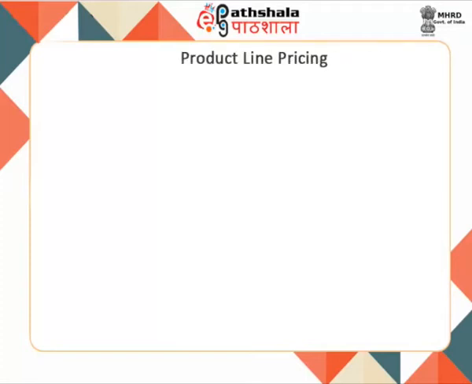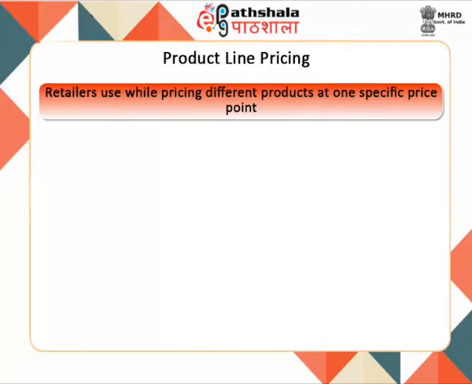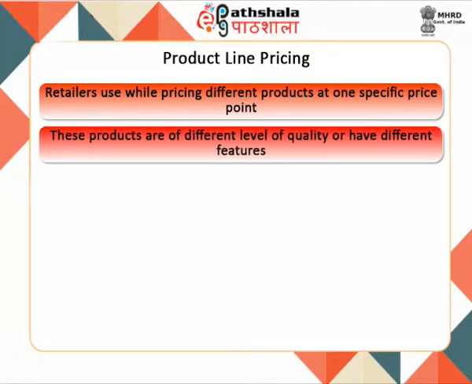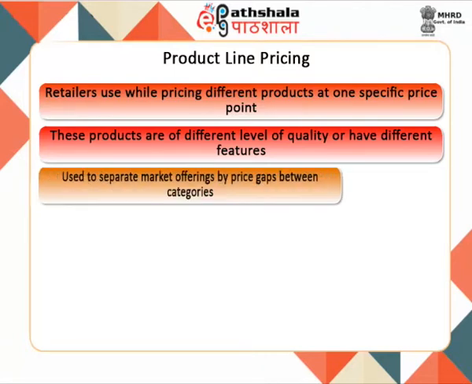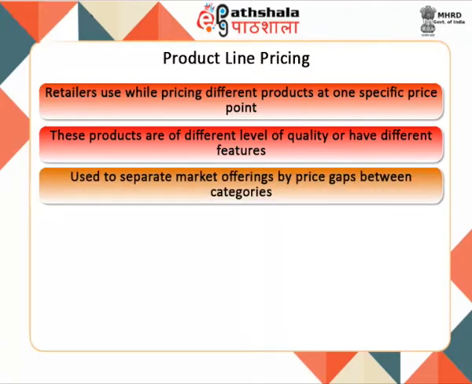We will commence with product line pricing. This is a strategy that retailers use while pricing different products at one specific price point. These products are of different levels of quality or have different features. A company uses product line pricing to separate market offerings by price gaps between categories.